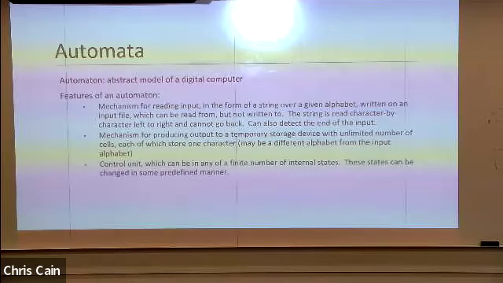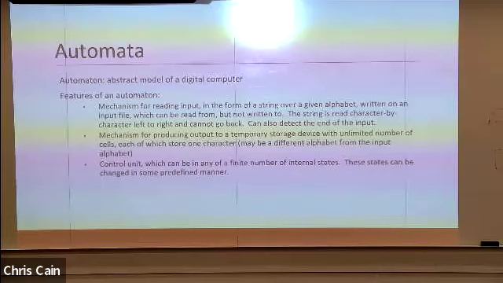There's also a control unit. The control unit is a finite number of internal states, and we can modify those states before we run the system. So in the same way that we would write a program and be able to modify that program for its execution, we can modify these internal states and they will accept a different language.